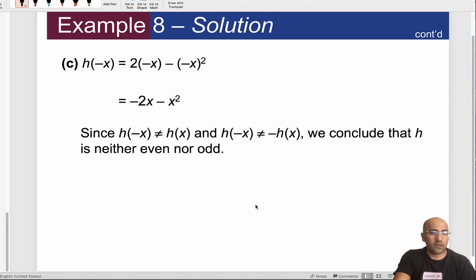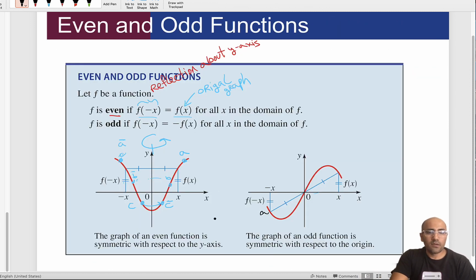Good. Okay, let's take a look at the other one. That one's a little bit more confusing. This one is saying that for an odd function, the graph of the reflection about the y-axis is equal to, not the original function, but the reflection about the x-axis, right? When we have a negative out in front, that's a reflection about the x-axis.